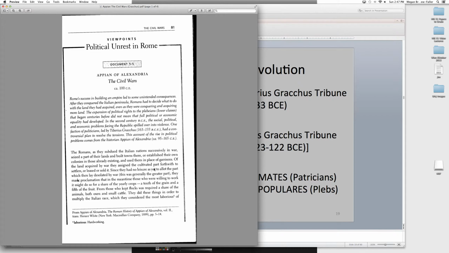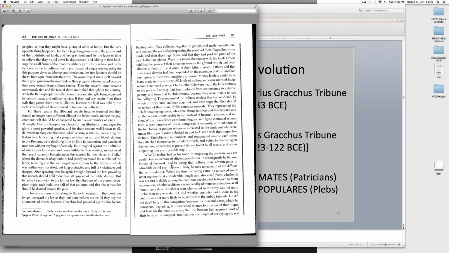We don't need to read all of it together because it deals with what I dealt with in the lecture here. But briefly, there's a few main things I will point out. So here you can see the policy of the public lands that came from the Italian wars of expansion being discussed. Okay, so you see that there.